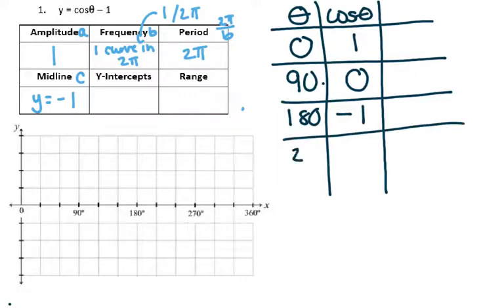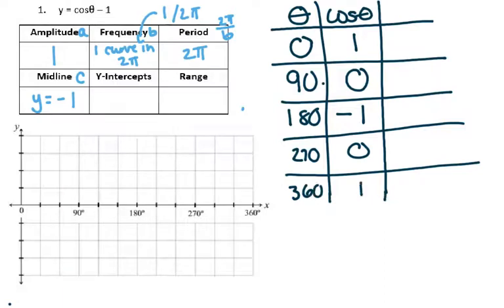At 270 degrees, it was 0. At 360, it was back up to 1. Now, if I was to plot this basic curve of 1, 0, -1, back to 0, and back to 1 at 360, this is our basic cosine curve.